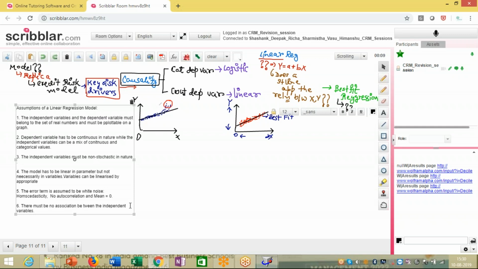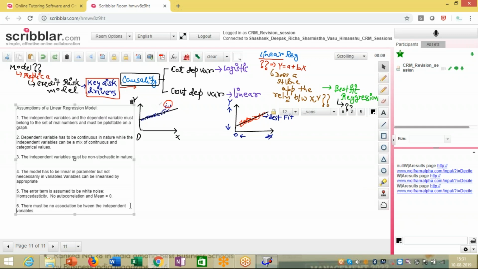So for different situations where the dependent variable is continuous in nature, that is where your linear regression is used, and hence LGD and EAD would be the two places where we would be talking a lot about linear regression. But at the same time, not for all continuous variables can you use it. There has to be other criteria as well.